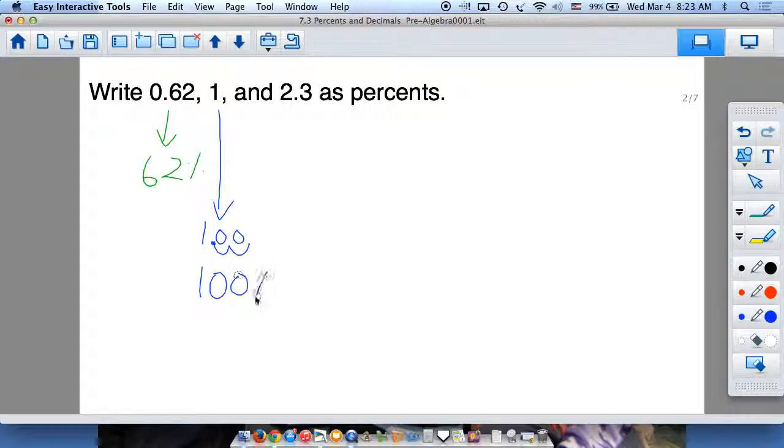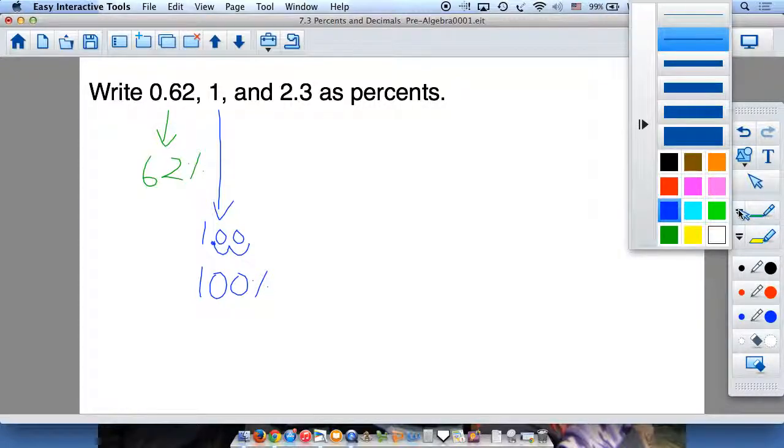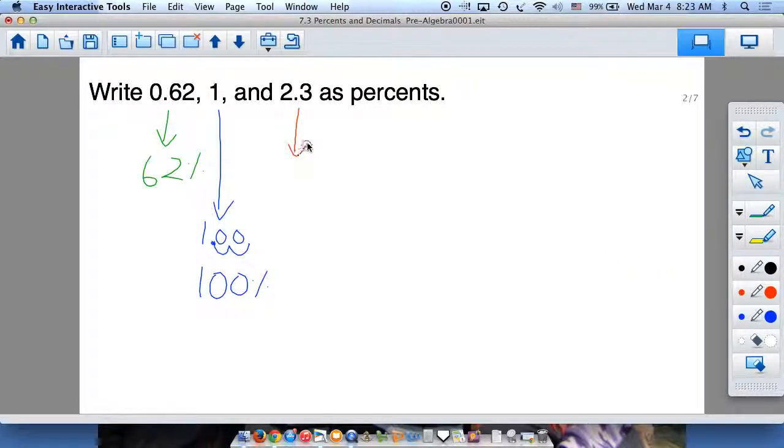As a percentage, it's 100%. And last but not least, we have 2 3/10 as a percent. Just as we did in that one, you have to move it 2 places to the right, and we're going to have to add an extra 0. So that becomes 230%. Hopefully you did well with that.